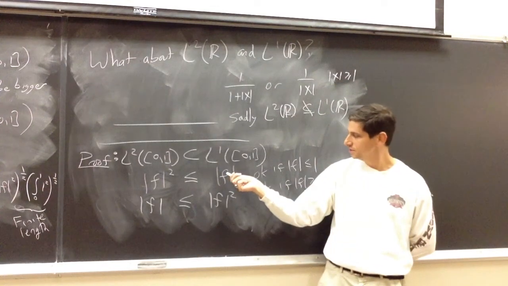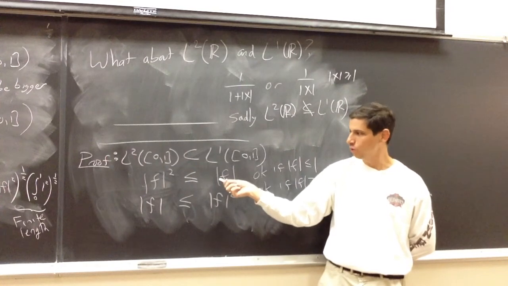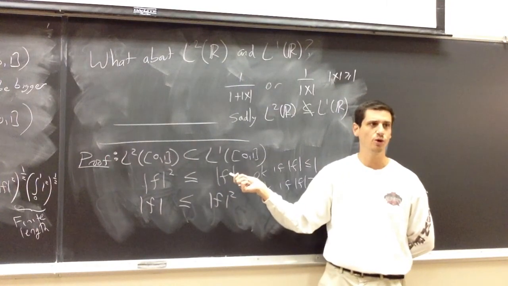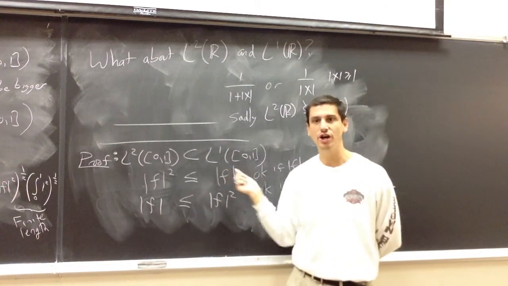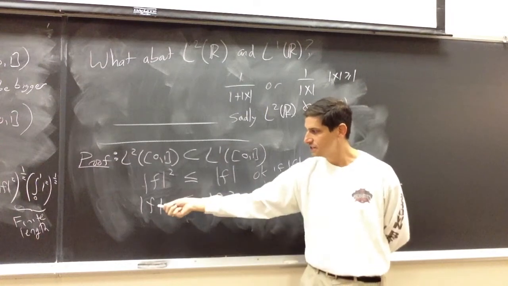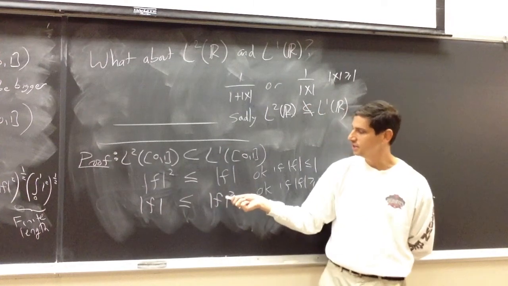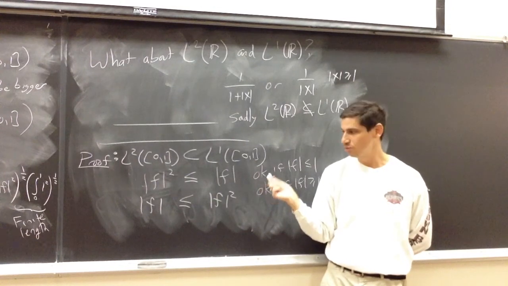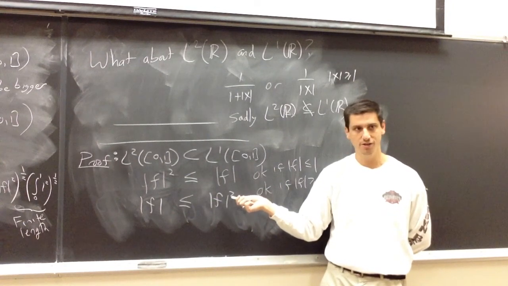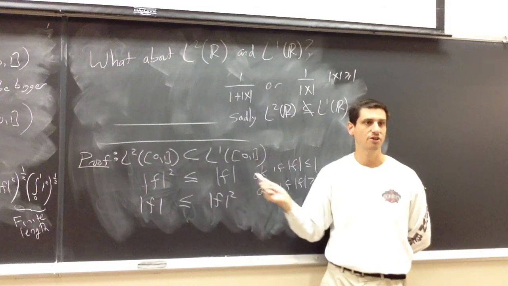Over here, the problem is, if the absolute value of f is less than 1, then we have an inequality the way we want. Great, but of course the problem is maybe the function is getting really large. So this inequality does not help us at all. For this one, the absolute value of f is less than or equal to the absolute value of f squared. That helps us when f is large. The problem is, if f is small, this has become smaller, and that could hurt us.